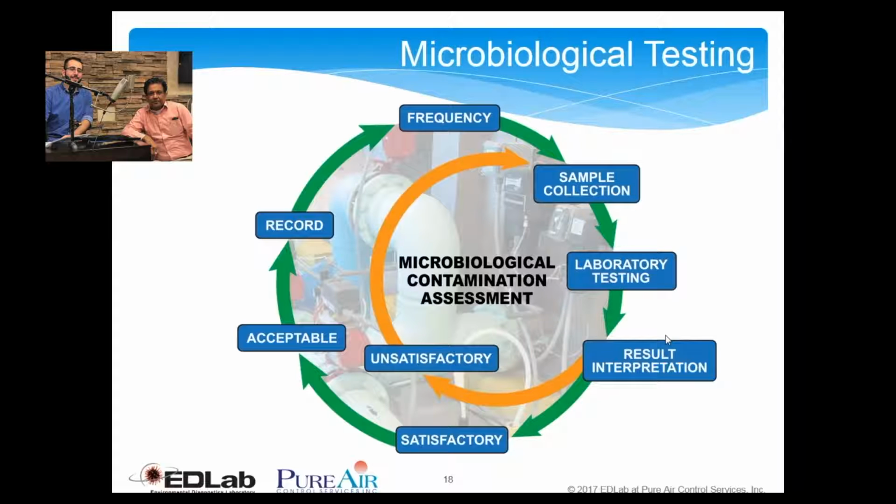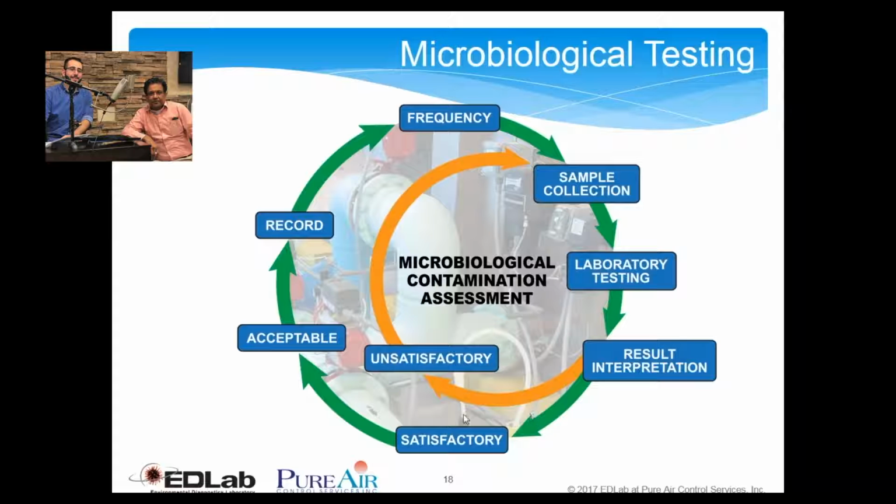You can see that first we need to determine a frequency, and then sample collection is one of the very important steps here. You collect the sample, then you do the laboratory testing, and after laboratory testing you can interpret the result, whether it is under the acceptable limit or a non-acceptable limit.